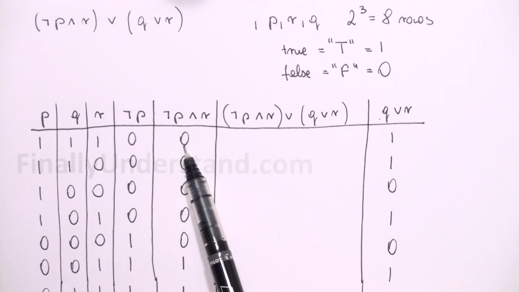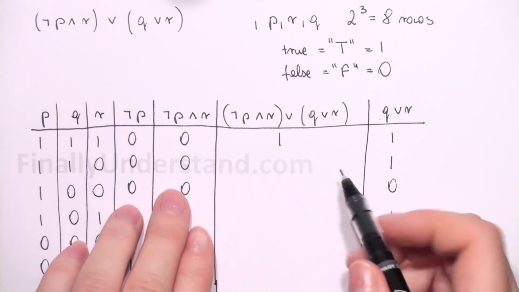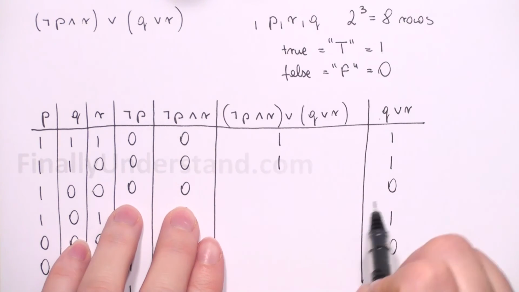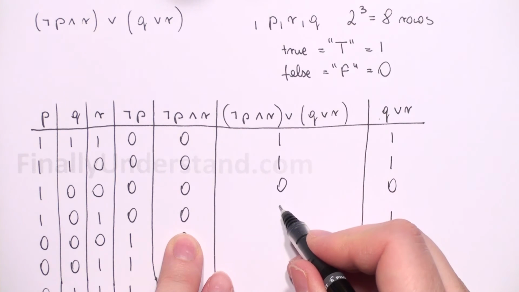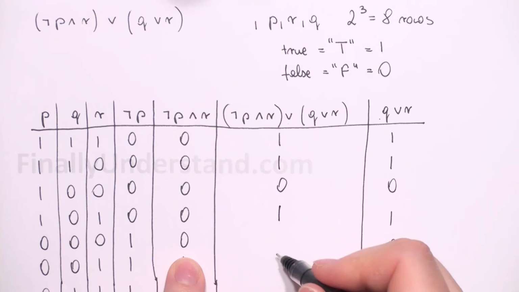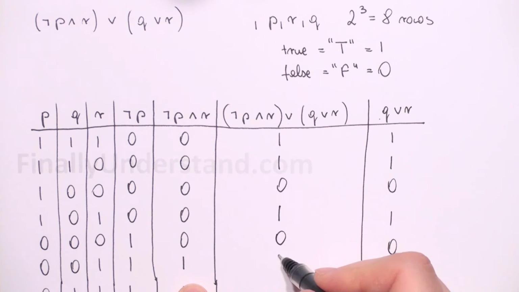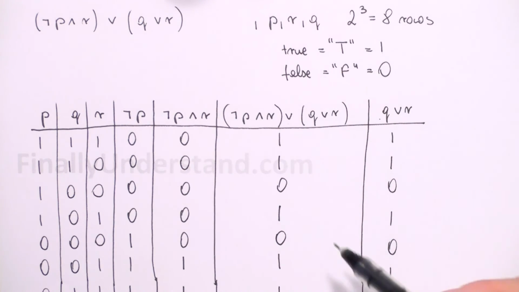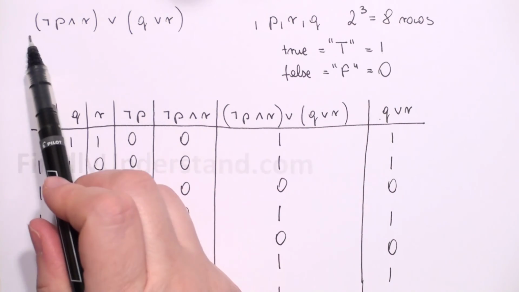So we have 0 or 1, so this is 1, 0 or 1, so this is 1, 0 or 0, so it will be 0, 0 or 1, so it will be 1, 0 or 0, so it will be 0, 1 or 1, so it's 1, 1 or 1, so this is 1, and 0 or 1, so this is 1.